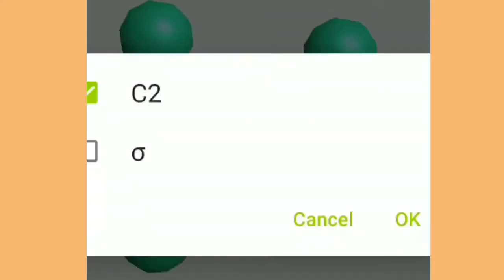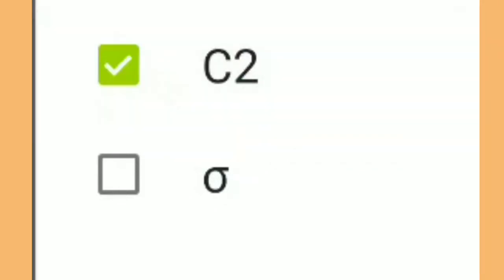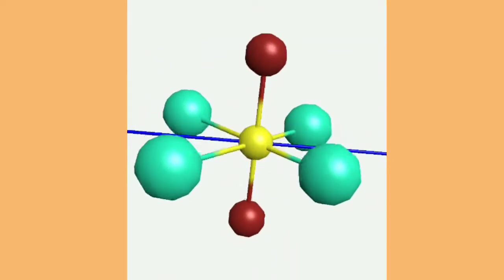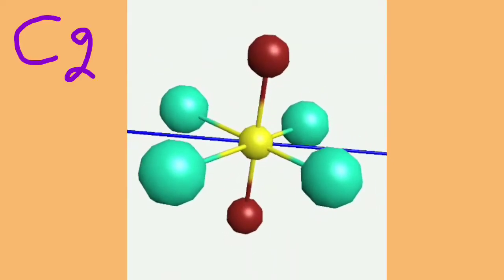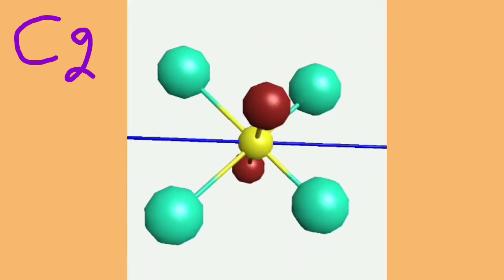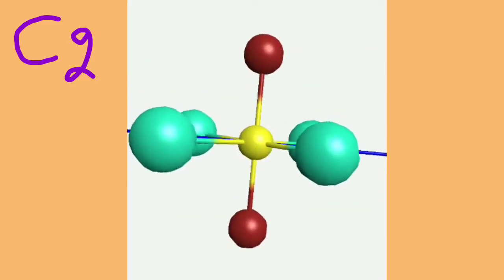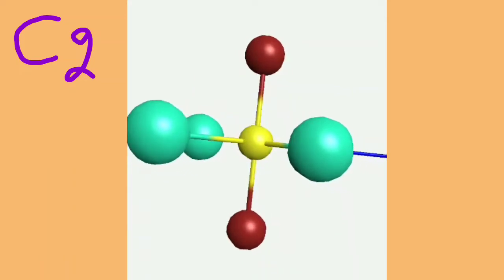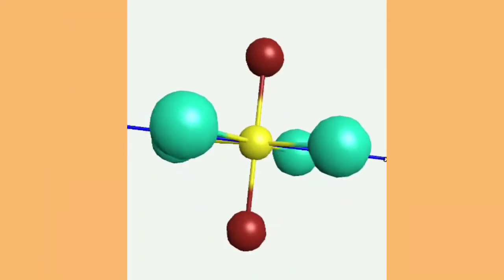In optical isomerism we will check C2 and sigma. Sigma means plane of symmetry. This is the C2 axis. If I rotate the molecule around this C2 axis, it will have the same configuration 2 times. You can see easily, I have to rotate the molecule by 360 degrees, then I will get the same configuration 2 times.